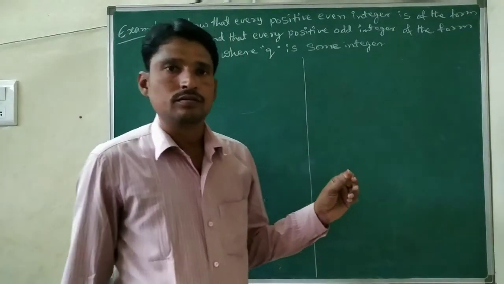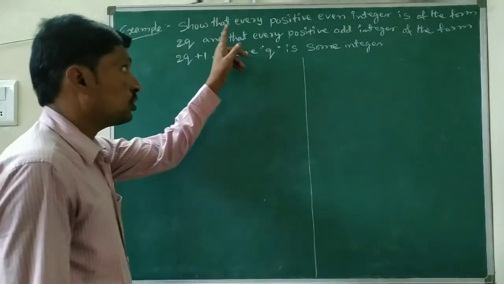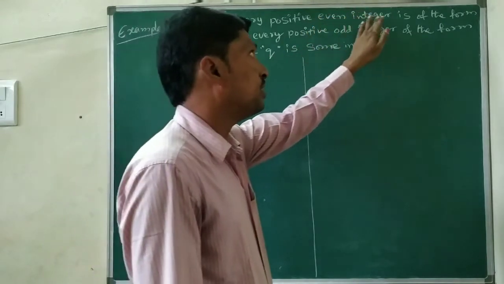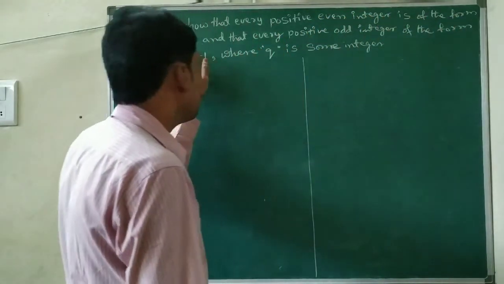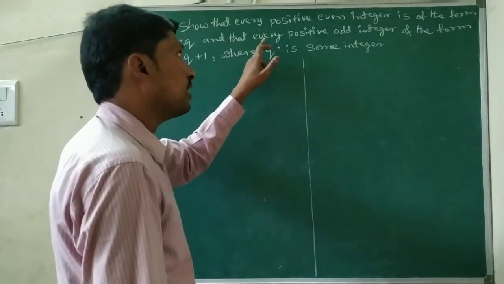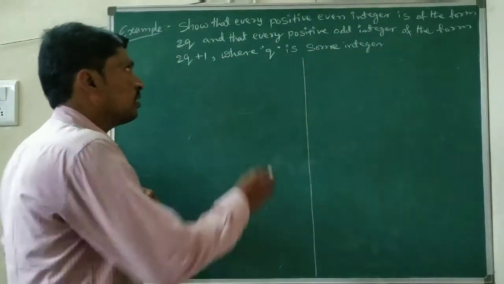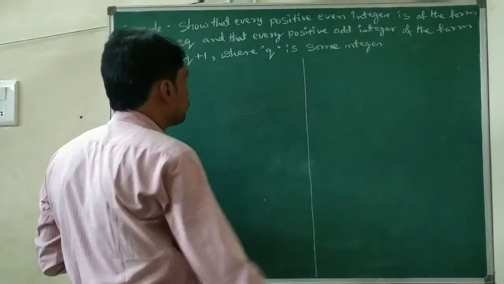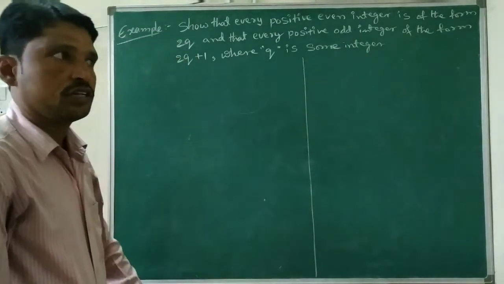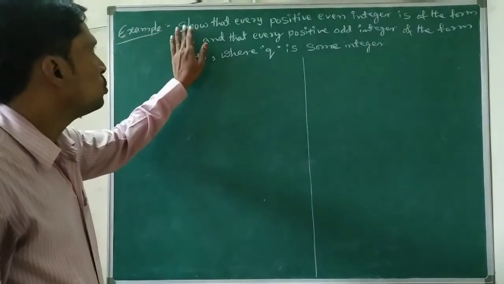Now example number 1: show that every positive even integer is of the form 2q and that every positive odd integer is of the form 2q plus 1, where q is some integer. So what we need to show?